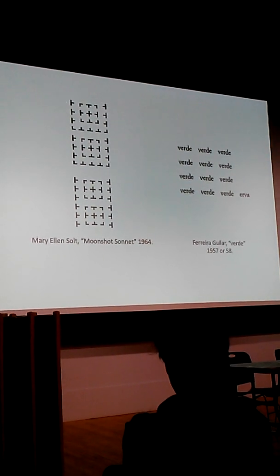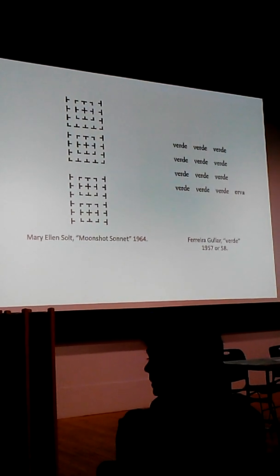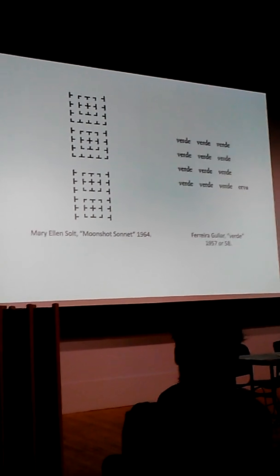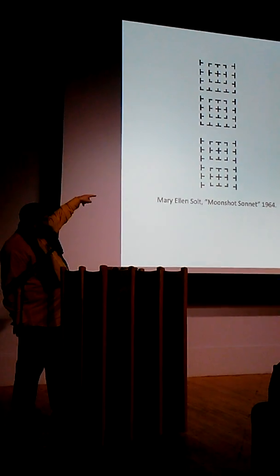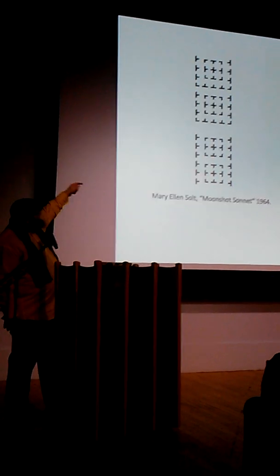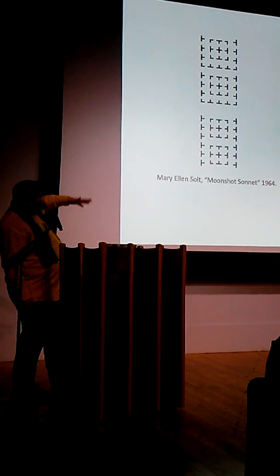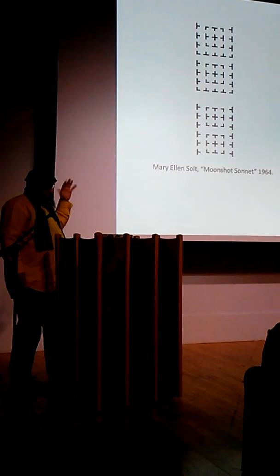So Mary Ellen Solt's Moonshot Sonnet uses the alignment grids from NASA moonshots. Well, they weren't moonshots then because it was '64. But these are NASA screen elements, and she's put them together like this, and it gives this illusion of something coming, something going, moving in and moving out.